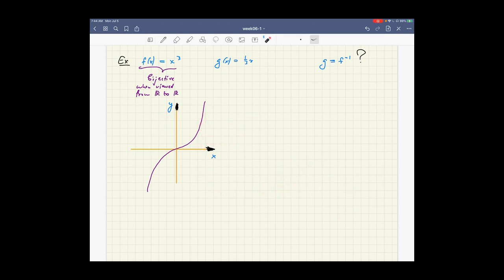So because f is bijective, it follows that f has a unique inverse. The question is, is it g?